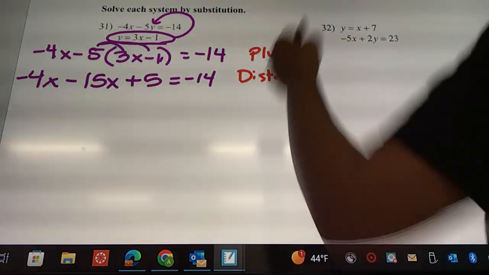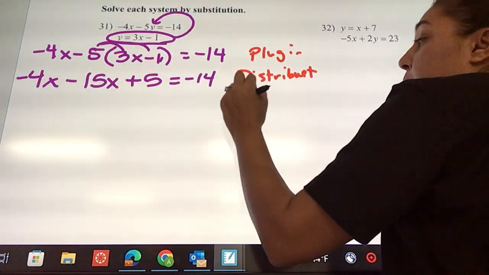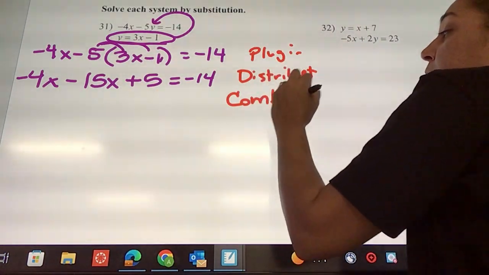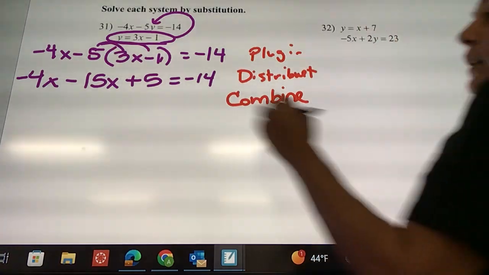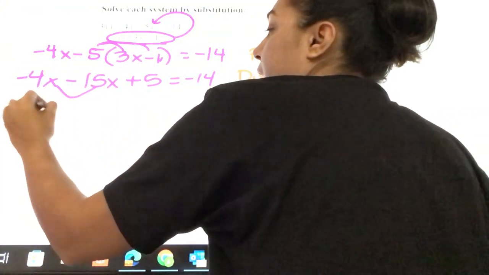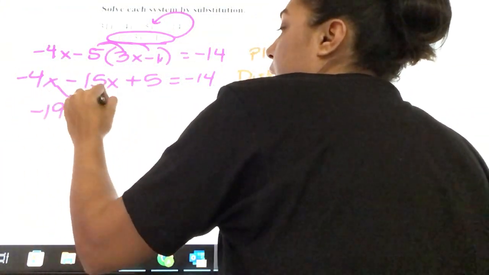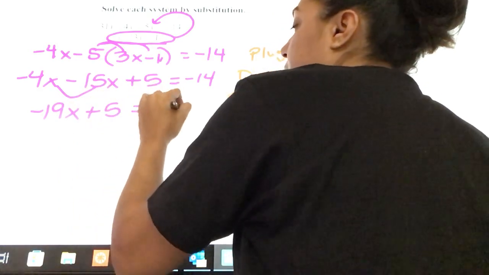Well, if I was going to label a next step, that's going to be to combine. And so I can combine these two. So I'm going to get a -19x plus 5 equals -14.